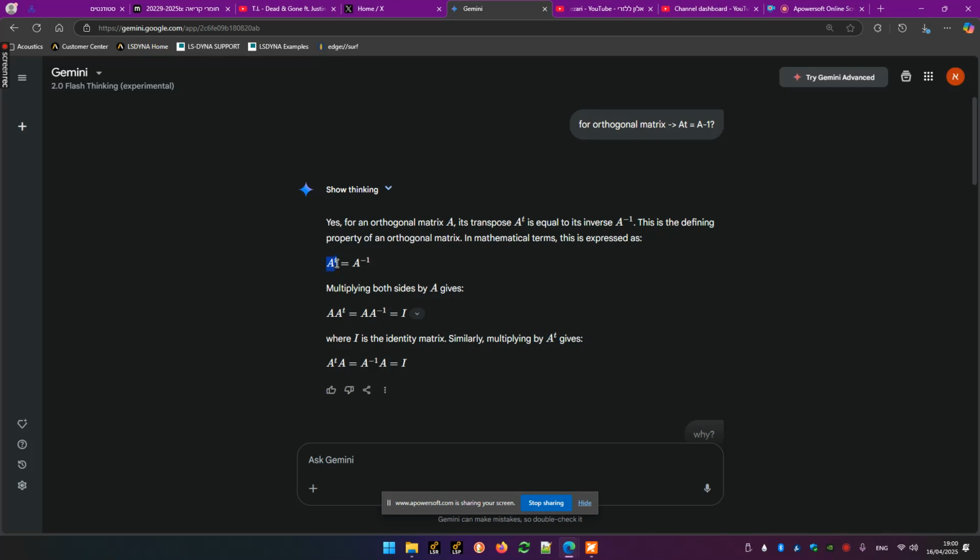So what I want to talk about is why for orthogonal matrix it happens that if I take the transpose of an orthogonal matrix, I get the inverse of the matrix. I mean, A transpose equals A inverse for A orthogonal matrix. So why does it happen?